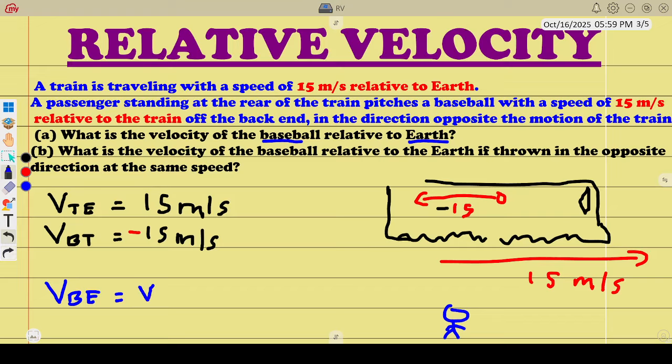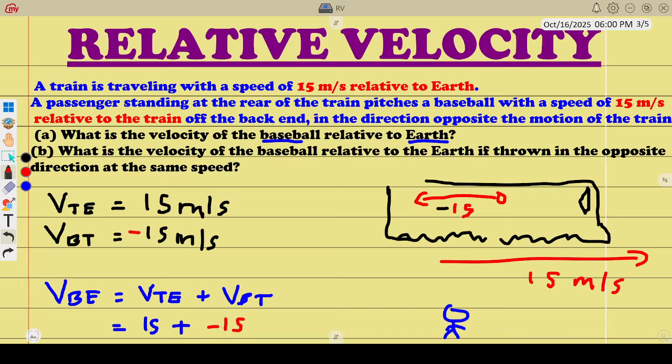So we say the velocity for the train plus the velocity for the ball, which we wrote as the velocity of the ball relative to the train. Yeah, so we just add the 2. We just say 15 plus the velocity for the ball, which we have said is negative 15 because it was going in the opposite direction.